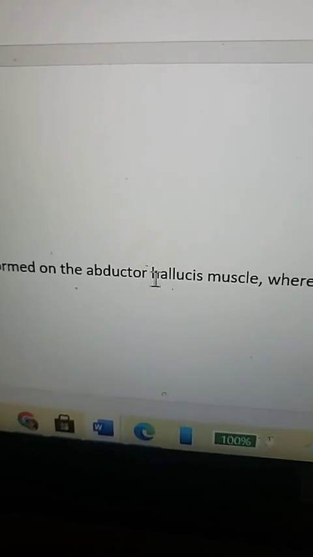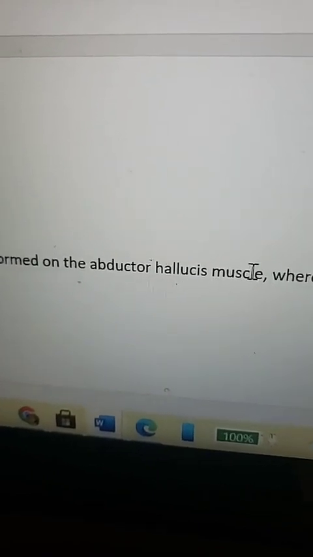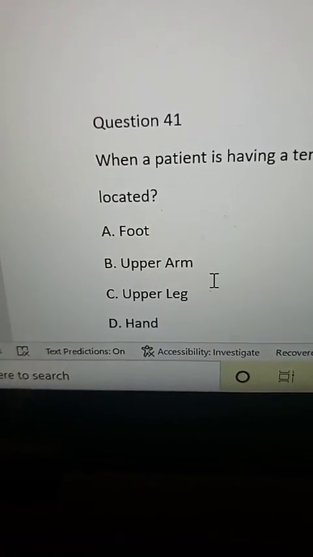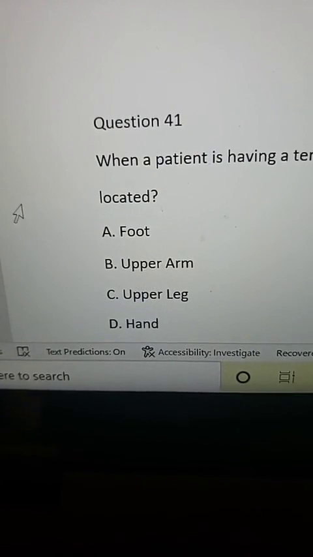Where is the abductor hallucis muscle at? It's in the foot.